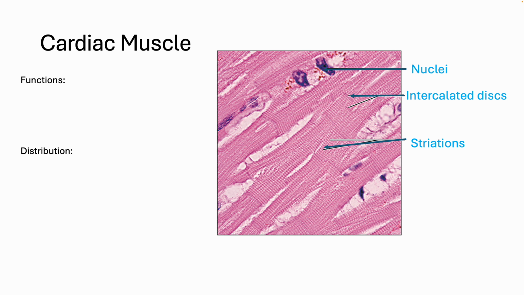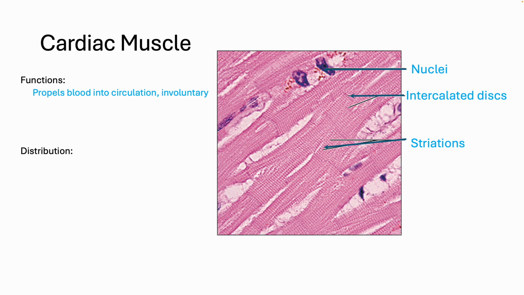It will be uninucleate instead of multinucleate, and differs in that it is branched, where you have the cells coming together and not still being unique cells, but connecting at these specialized junctions that we call the intercalated discs.